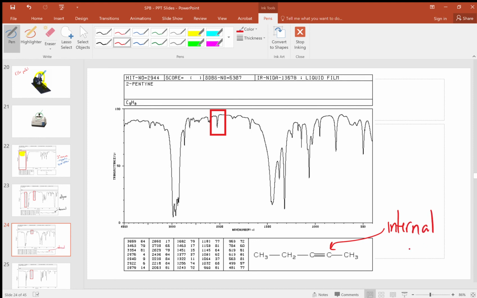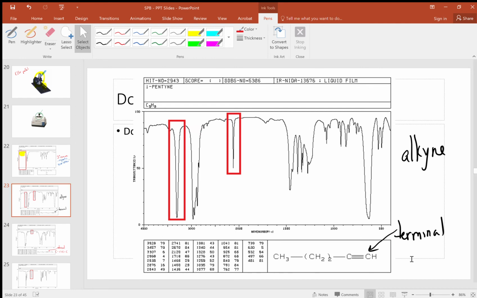So what's the difference? An internal alkyne is an alkyne where both carbons of the alkyne are attached to additional carbons. Whereas in a terminal alkyne, one of the carbons of the alkyne is attached to a hydrogen. Terminal, we could think of the alkyne, the molecule ends at that point.